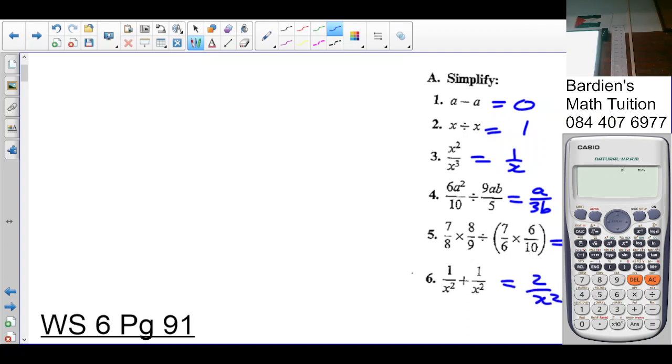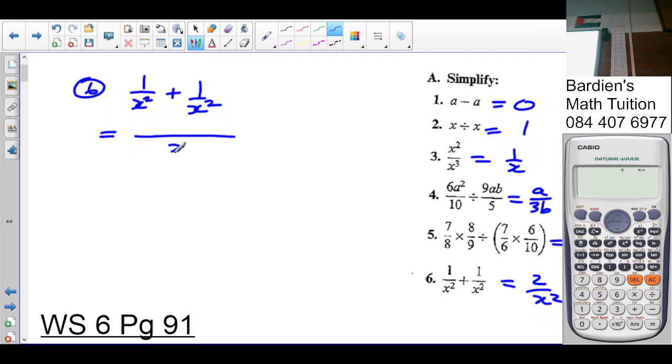People, any issues with numbers 1 to 6? Number 6. The sum reads 1 over x squared plus 1 over x squared. What do you notice? That the denominators are the same already. So do I have to derive a new LCM there? Or no, it's already sorted.